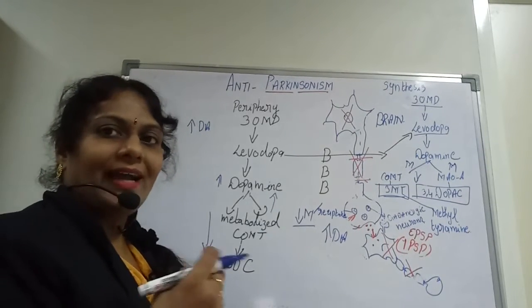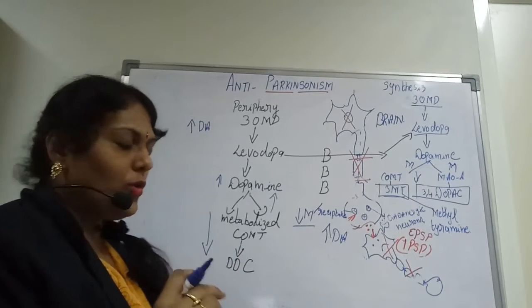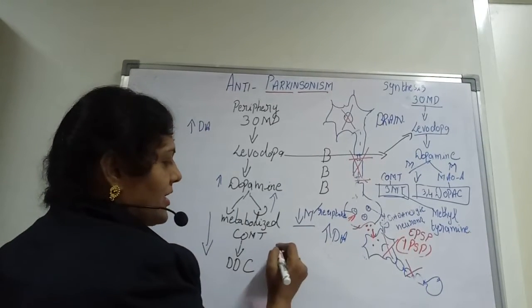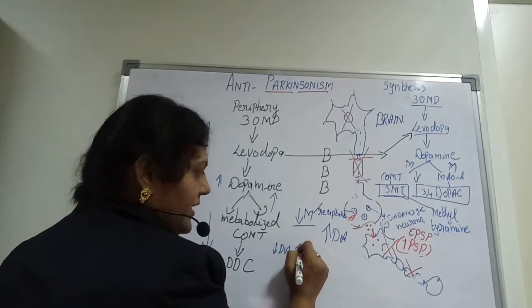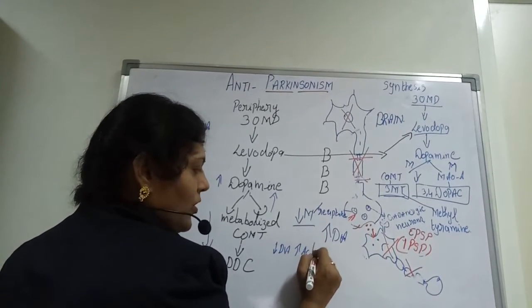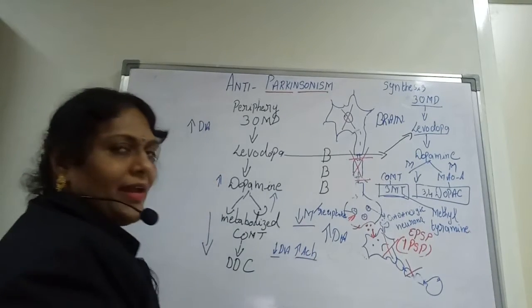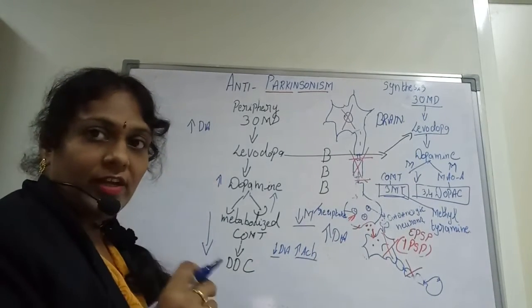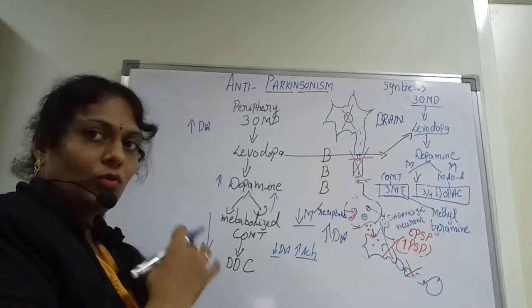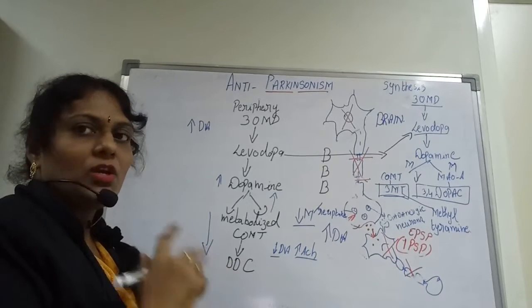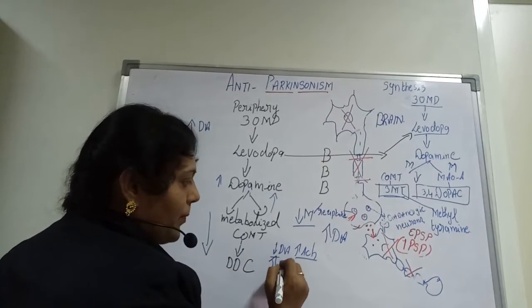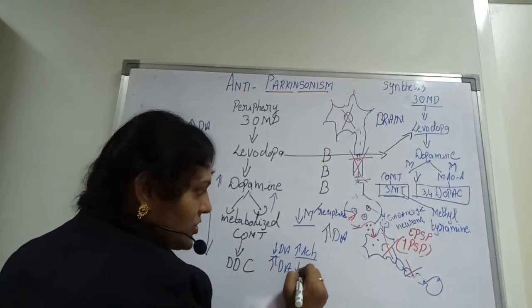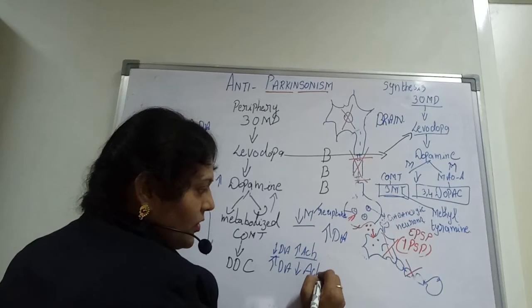And here I want to highlight one more point. I told you that dopamine is decreased and ACh is increased. These are the two main causes, and to act against Parkinsonism we can use two methods: one is to increase dopamine or decrease ACh.